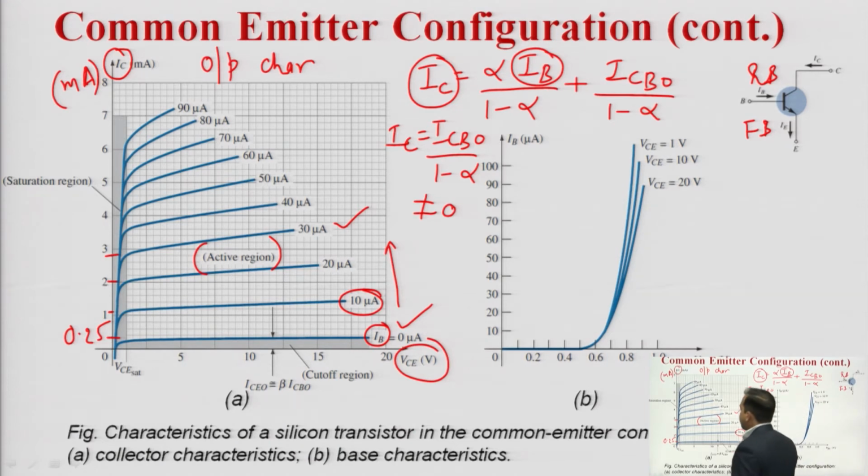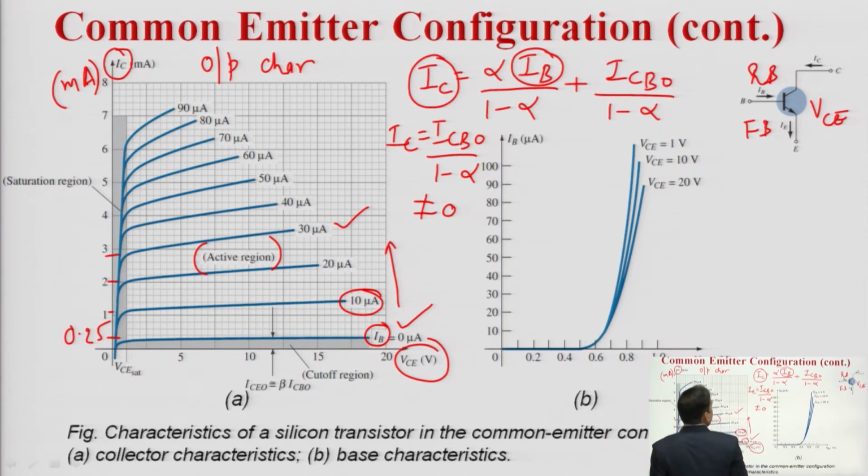Now, let us say this voltage is VCE, and if the emitter voltage is high in comparison with the collector, what happens? This junction will be forward biased and the current increases exponentially.